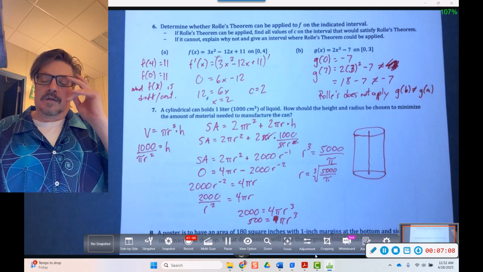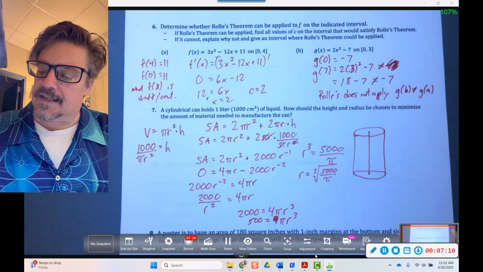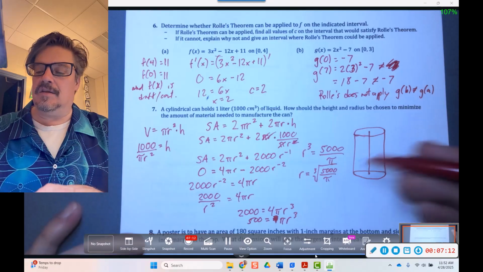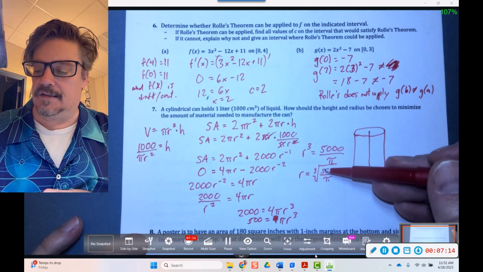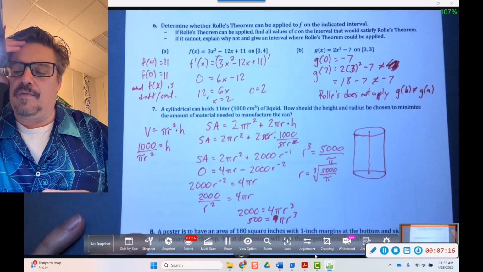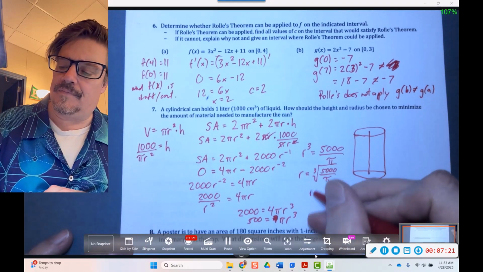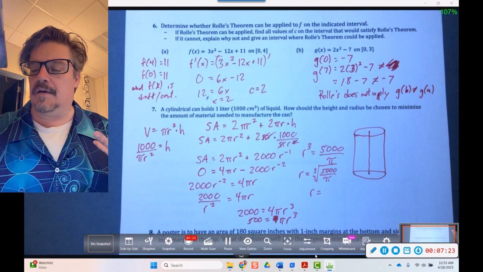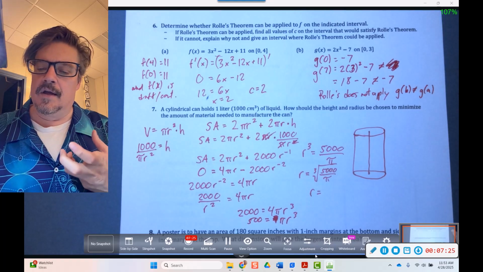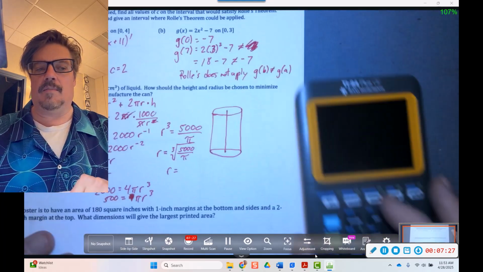Let's go ahead and notice that this is the radius. That's where it's going to get minimized. Let's figure out what that number is.